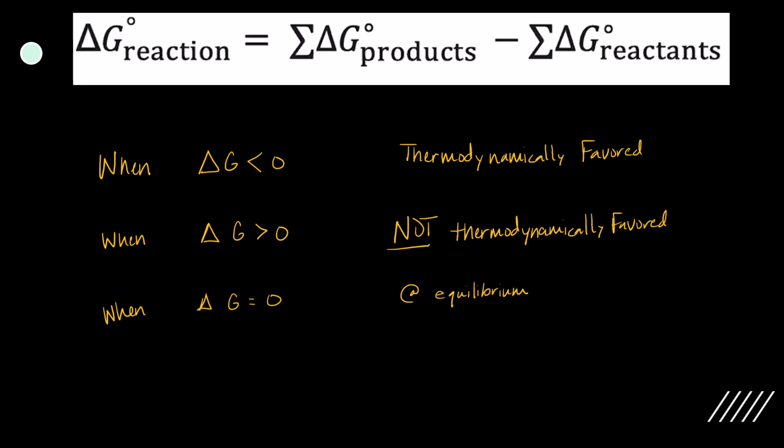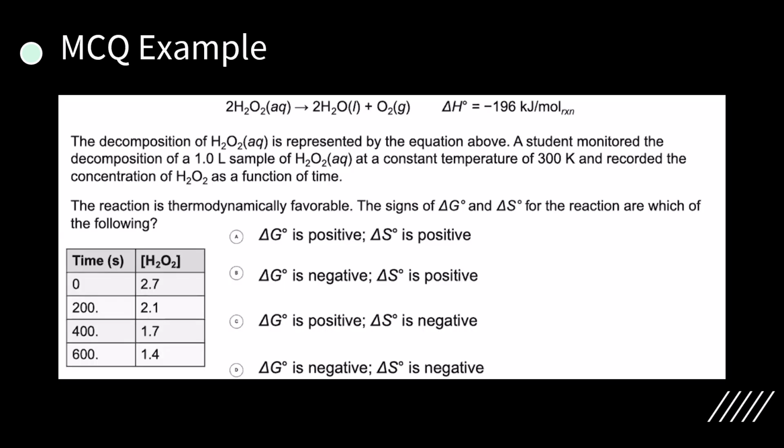When delta G is equal to 0, we're at equilibrium, and the rate of the products forming equals the rate of the reactants forming. So we have a delta G of 0.